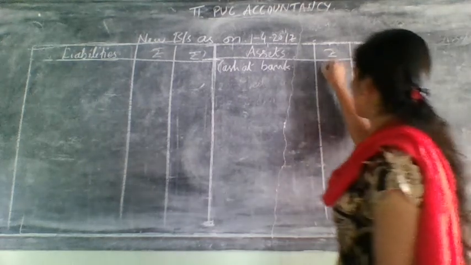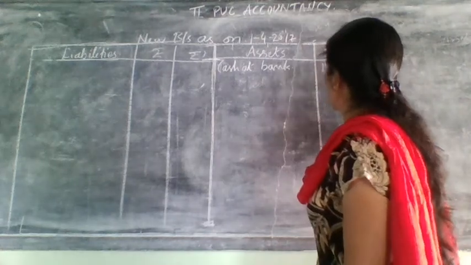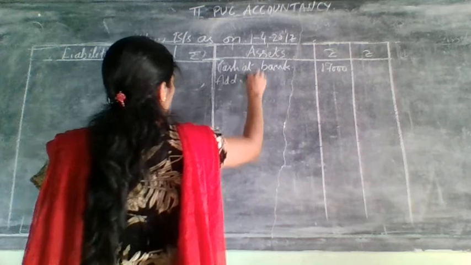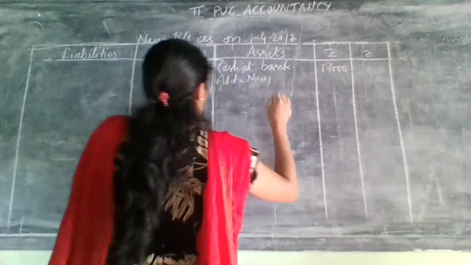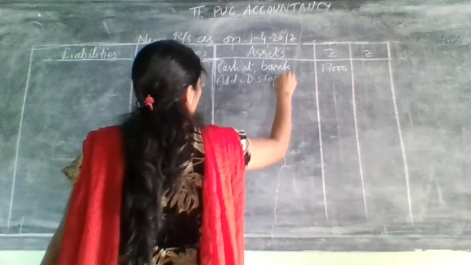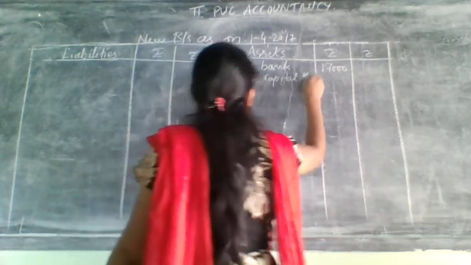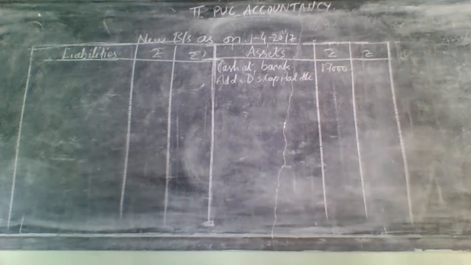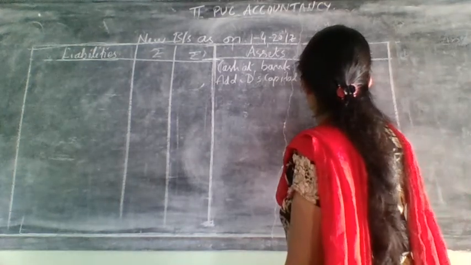Cash at bank was 17,000, and for this you need to add what? Add the new partner. Who is that new partner? D. So D's capital account. How much will he bring as capital? He will bring 50,000 as his capital.